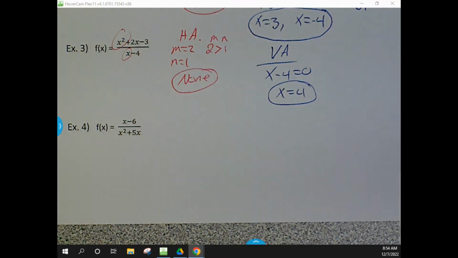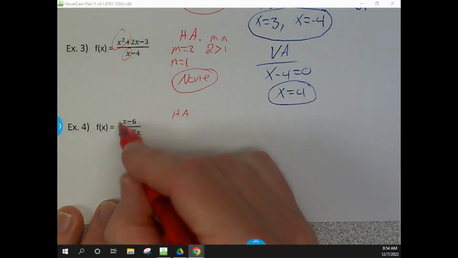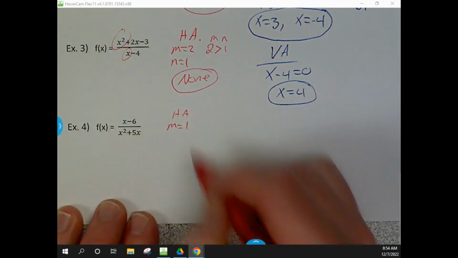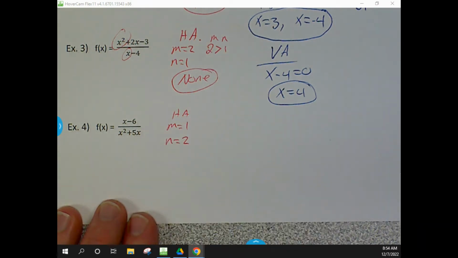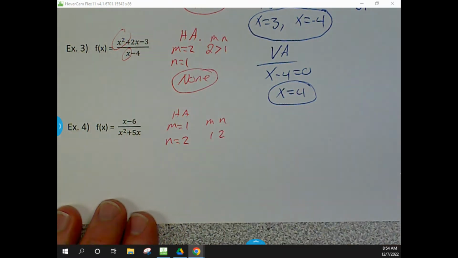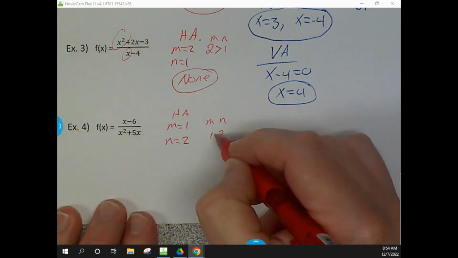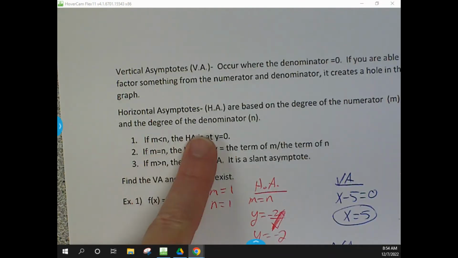Okay, and then the last one for horizontal asymptotes, again, your numerator is degree 1 and the denominator is degree 2. So if we compare m and n, that's 1 and 2. 1 is less than 2, and if m is less than n, by default we're going back to y equals 0.